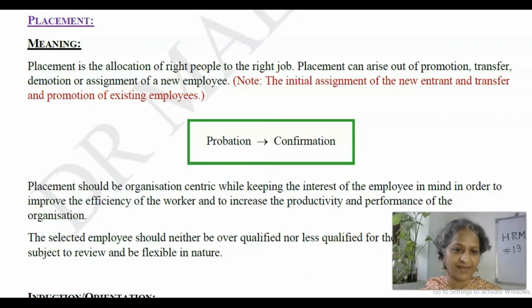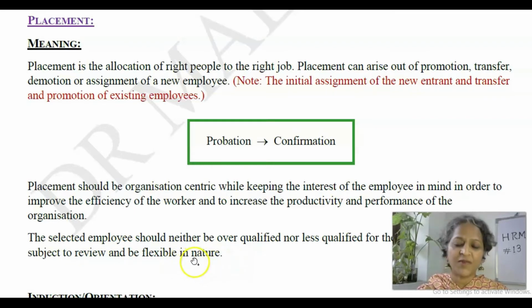This is one thing. And one more very important point related with placement is that it should be subject to review. If there are some possibilities that the person is not placed at the right job, then it must be flexible. That means the placement can be reviewed and can be redone at a later stage, because mistakes can be done by anybody.